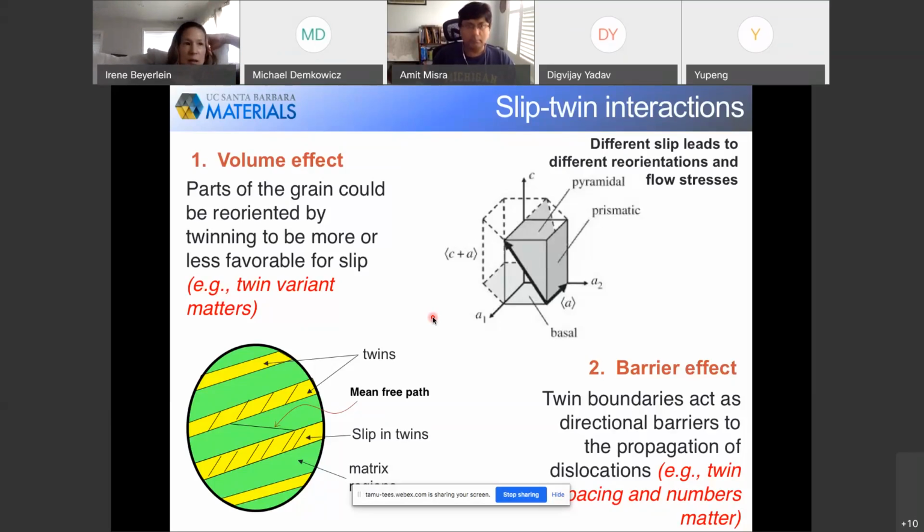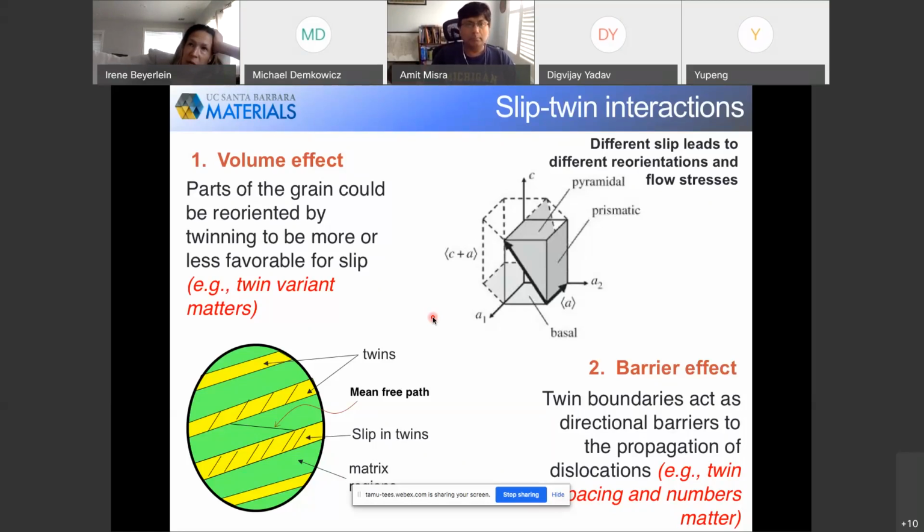The important thing, if you want to see a statistically relevant amount of twinning, is to have the grains or crystals oriented suitably so that the c-axis would need to either contract or extend in order to accommodate the applied deformation.